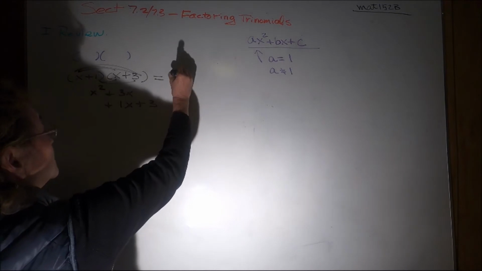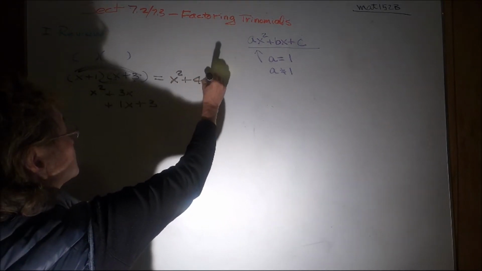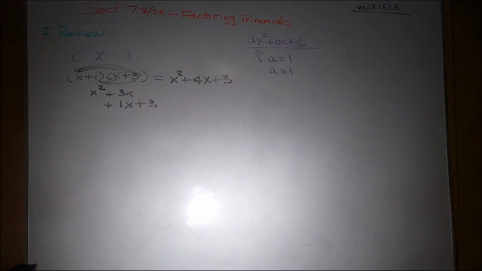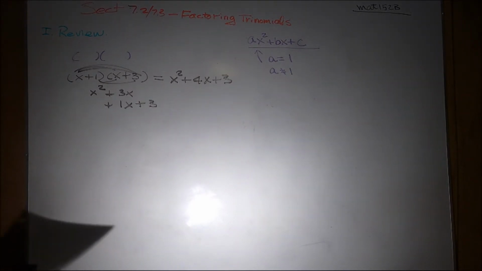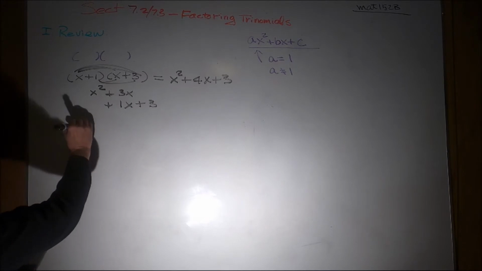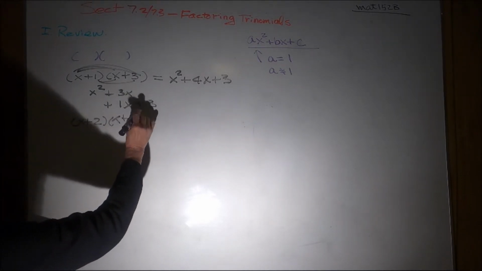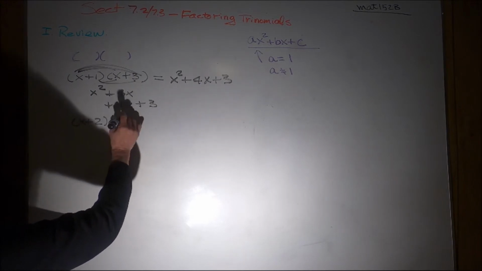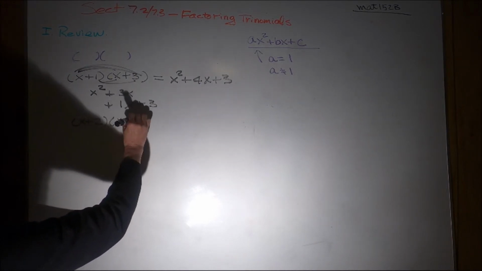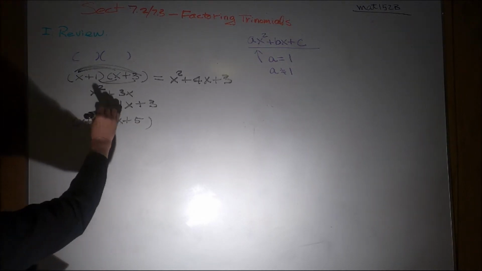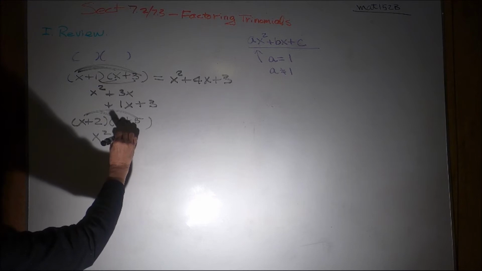Then we combine like terms. So what do we have? x squared plus 4x plus 3, right? It ends up how many terms? 3 terms. Trinomial. Then if we do x plus 2 times x plus 5, what do we have? x squared and outside 5x.